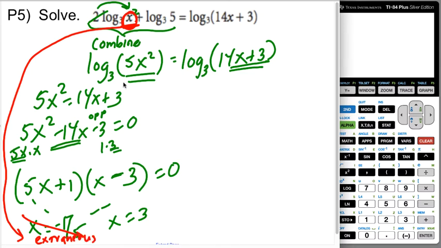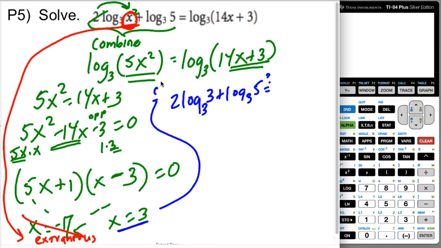So that's extraneous. When we check 3, because we should check that the 3 works, I'm going to check it in the original. I'm going to get 2 log base 3 of 3 plus log base 3 of 5. And the question is, is that equal, so I'm checking x equals 3, to the log base 3 of, when I plug a 3 in, that's a 42 plus a 2, so that's a 45?